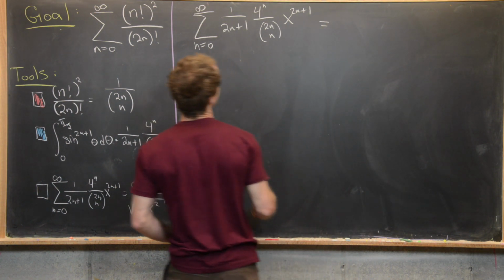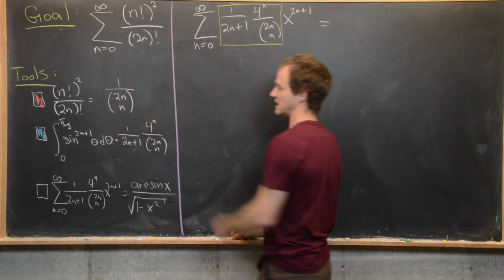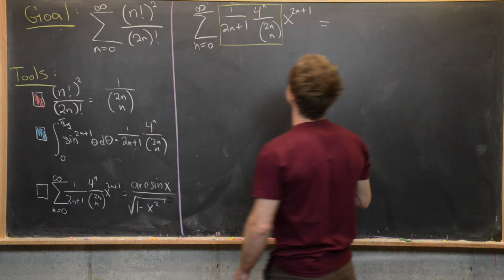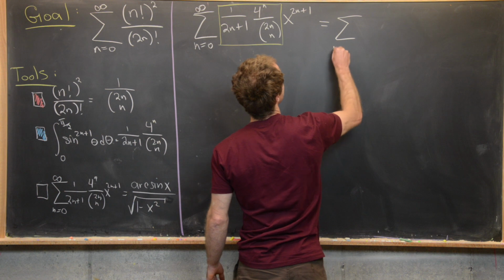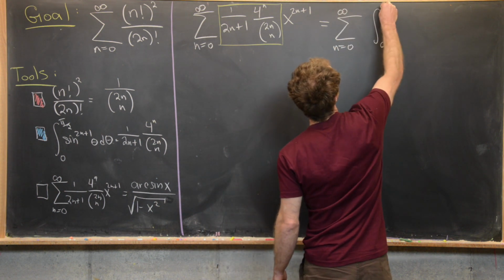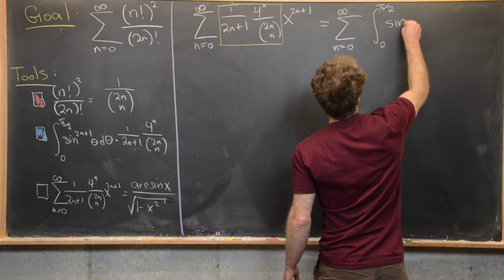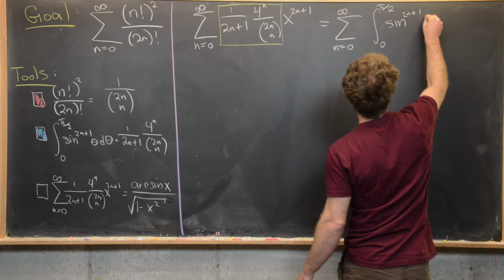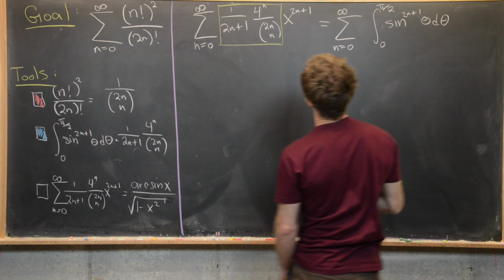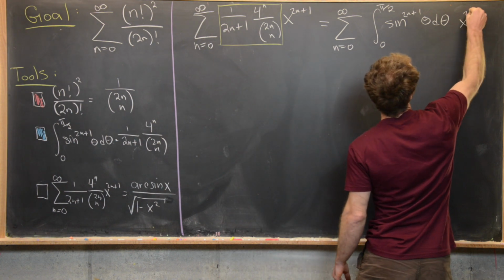So notice here we are replacing this thing that I'm boxing in yellow with the integral over there. So that means we're going to have this sum as n goes from 0 to infinity. Now we've got this integral from 0 to pi halves of sine to the 2n plus 1 theta d theta times x to the 2n plus 1.